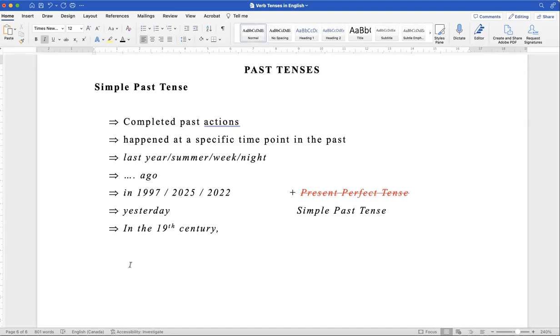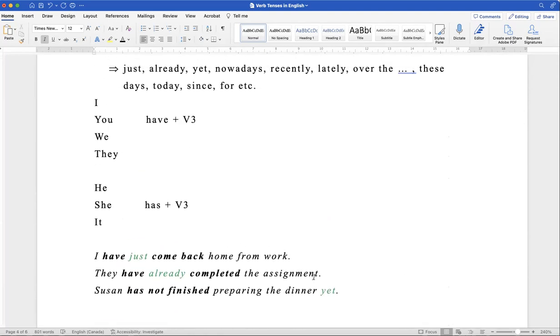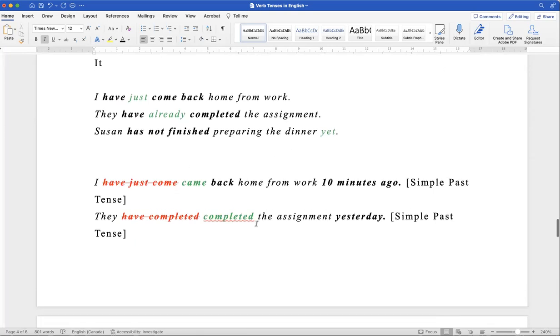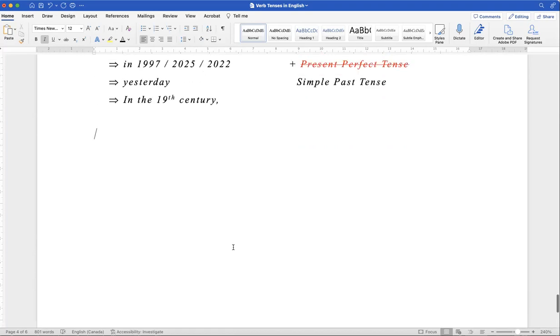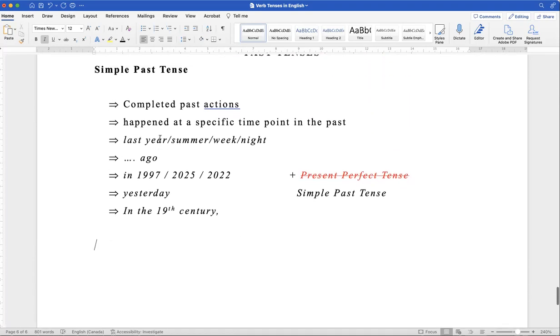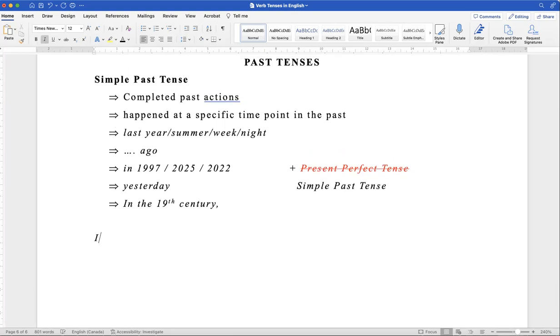So let's check our examples with present perfect tense here. I gave these examples here. I will use similar examples. I graduated from university in 2006.